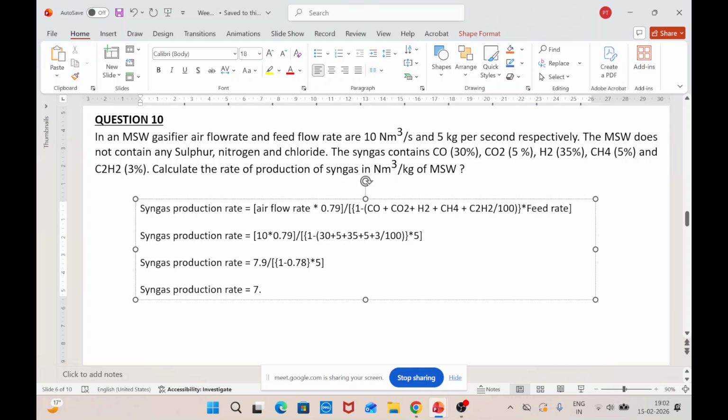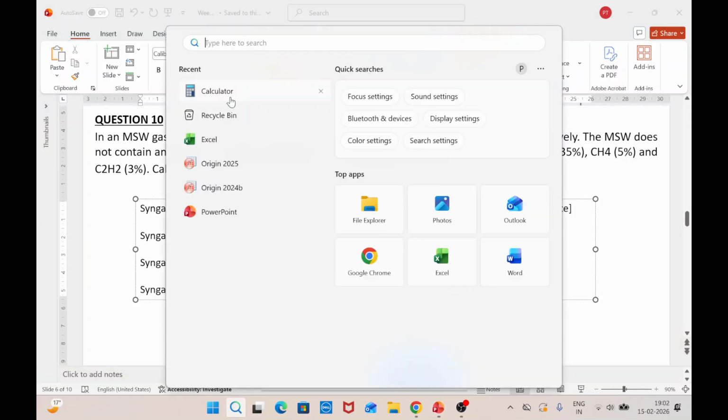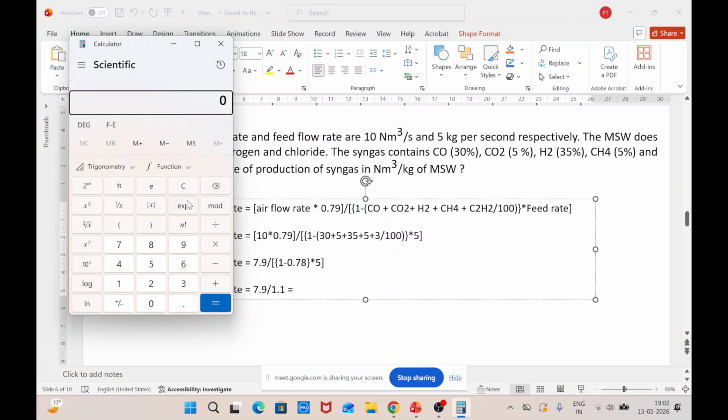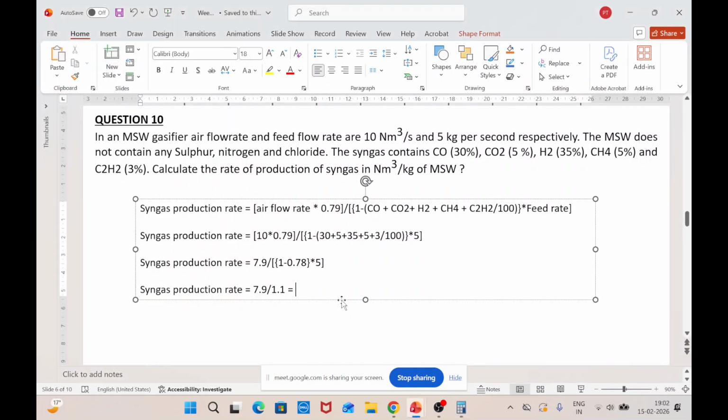Okay, so 7.9 divided by 1.1, how much is that? 7.18 Newton meter cube per kg.